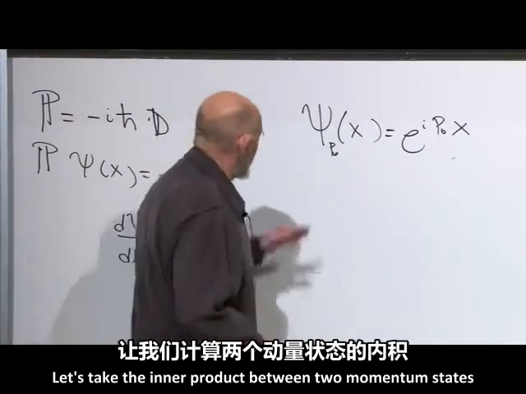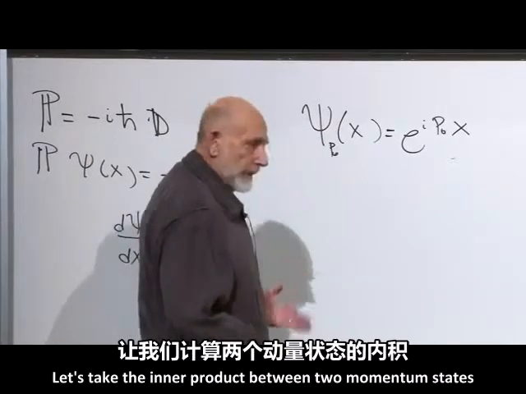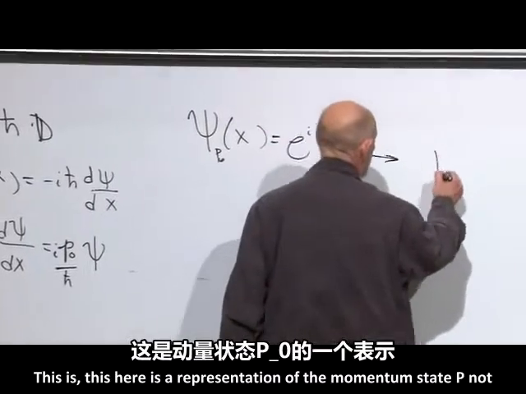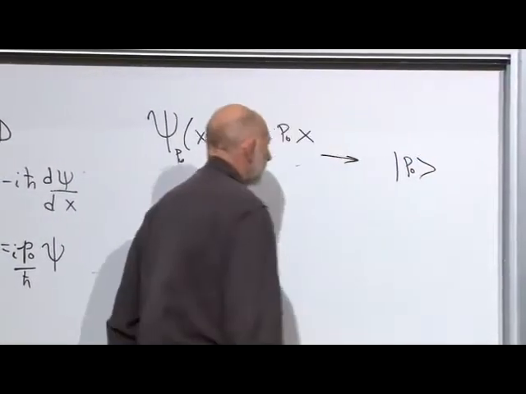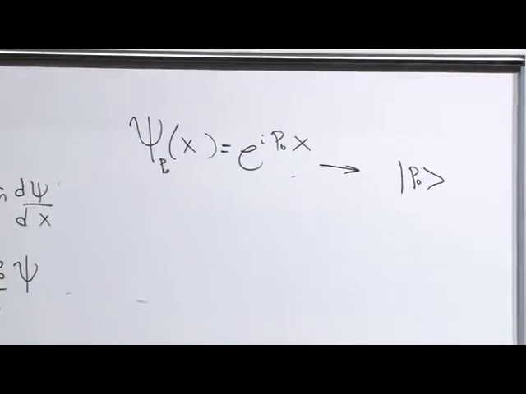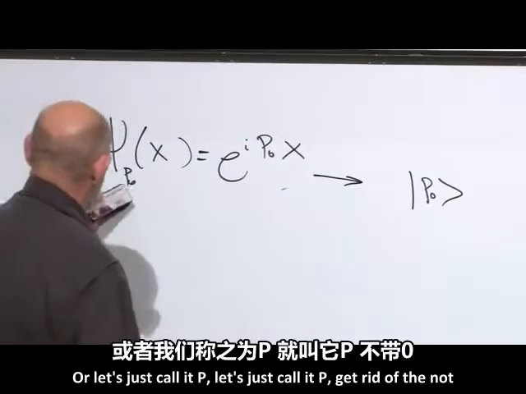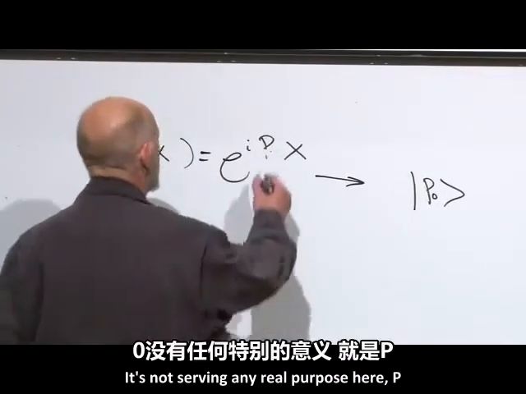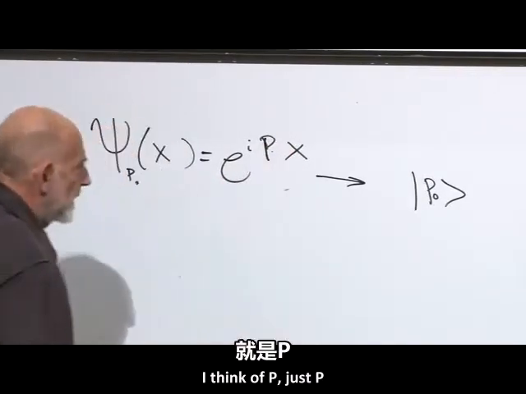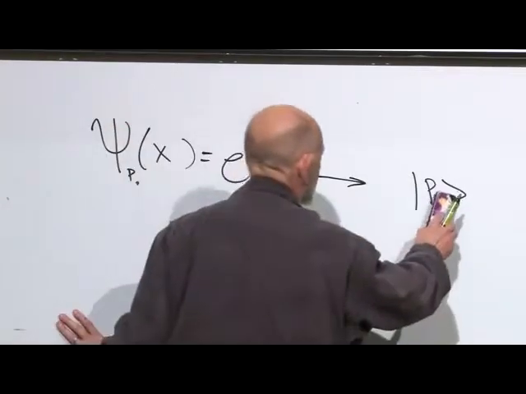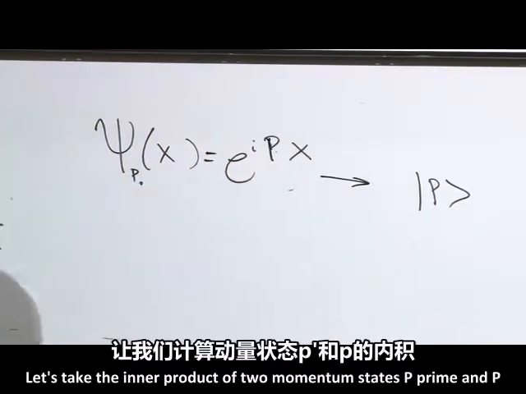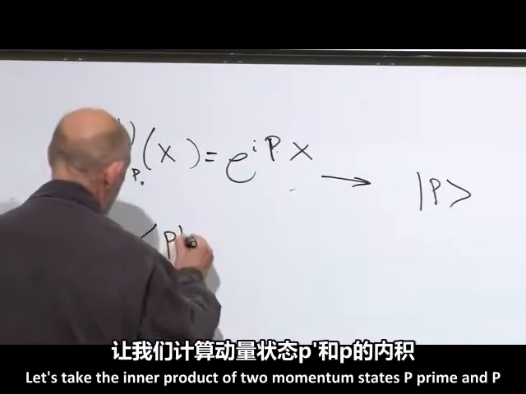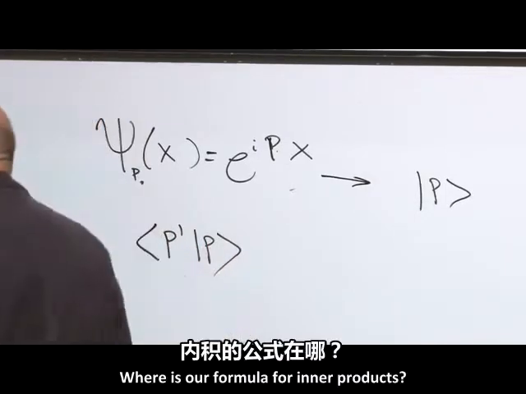Let's take the inner product between two momentum states. This here is a representation of the momentum state P naught. Or let's just call it P. Get rid of the naught. It's not serving any real purpose here. Let's take the inner product of two momentum states, P prime and P. Where's our formula for inner products?